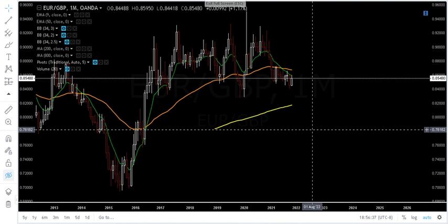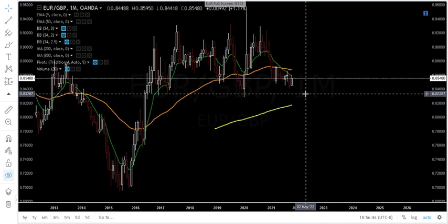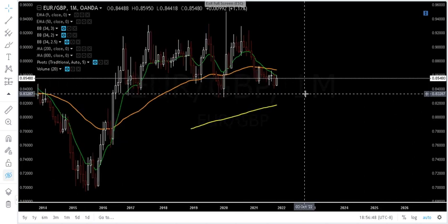All right, so just from the look of it, based on the indicators, the moving averages on a monthly. Hold on, let me write this down.